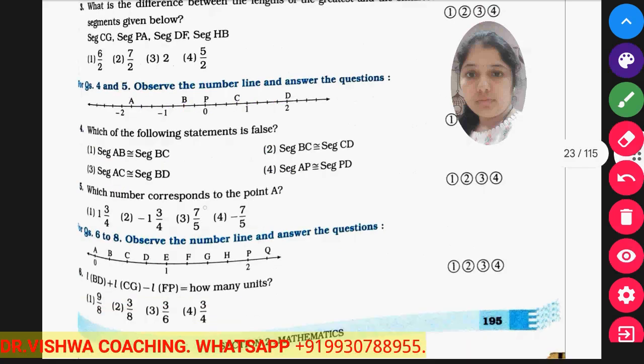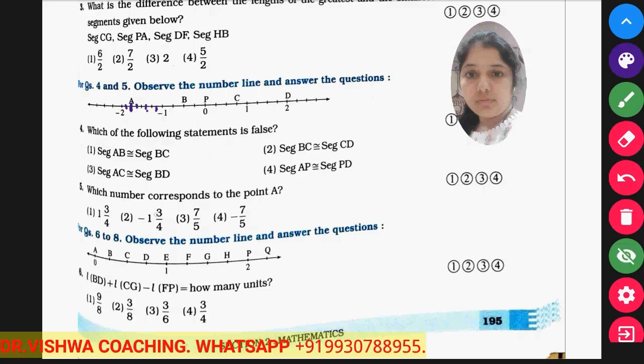Okay. Now which number corresponds to the point A? We have to find the number corresponding to point A. So how many segments are there? 1, 2, 3, 4. It is divided into 4 parts. So 4 parts it is divided, and A is at the third portion.